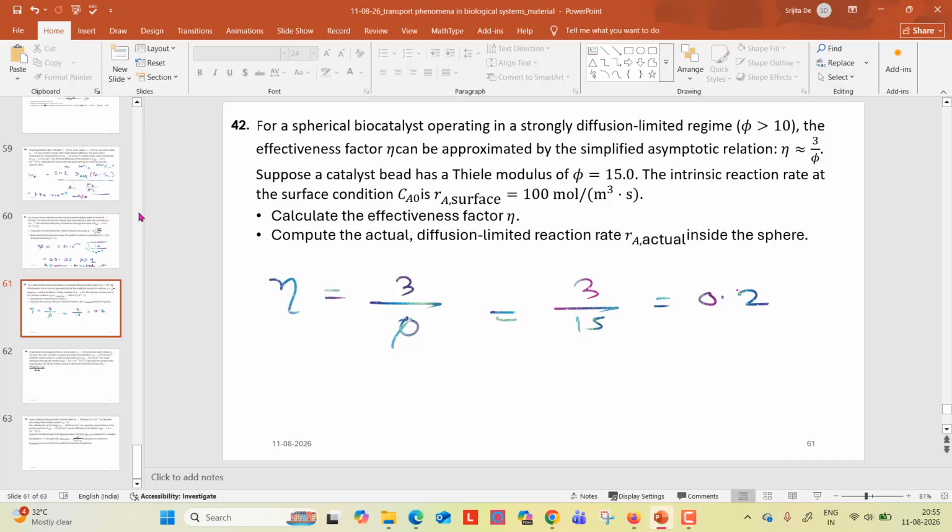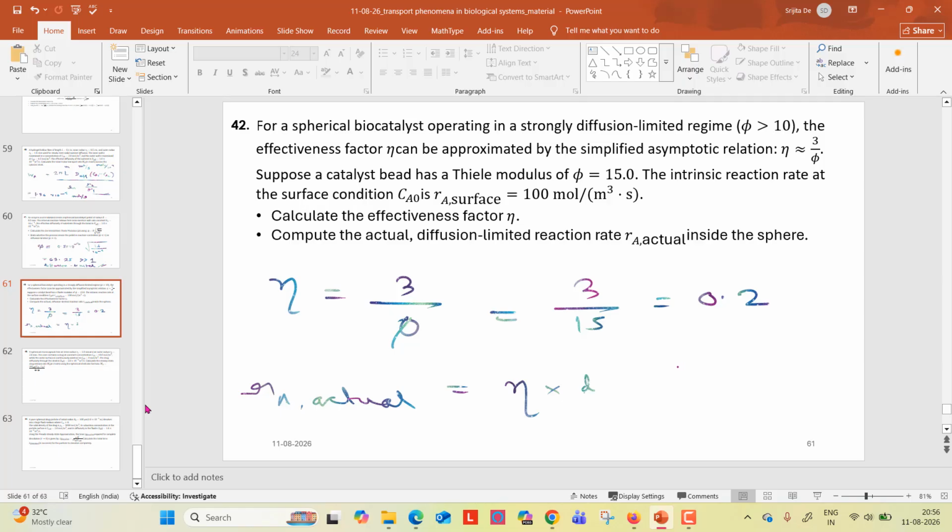So rA actual will be eta into our diffusion limited reaction rate. The reaction rate at surface is given, right?